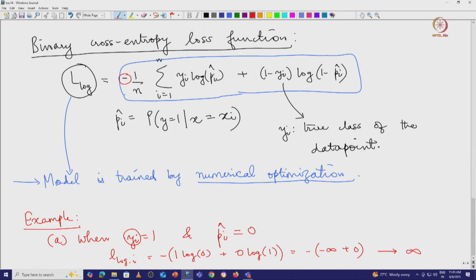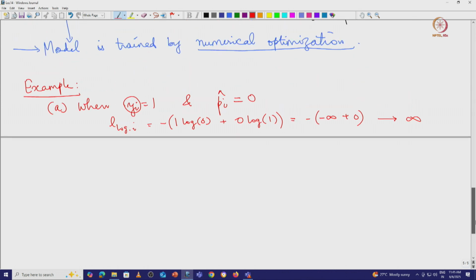So the loss when this happens is actually really high. So that is why the model tries to run away from this parameterization and will update the parameters so that the model classifies the point more accurately, right. Now the opposite scenario can also happen. So let us say your yi is 0, so the true class is 0, but the pi hat is 1. The model is predicting 1 as the probability of the point being 1.